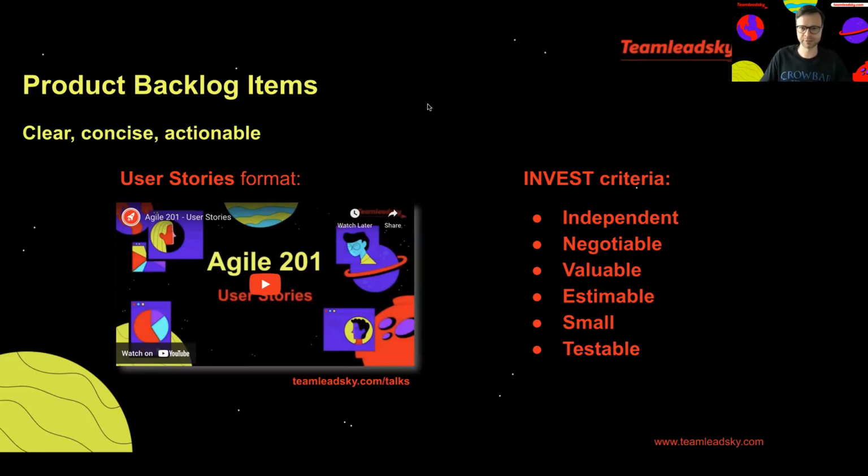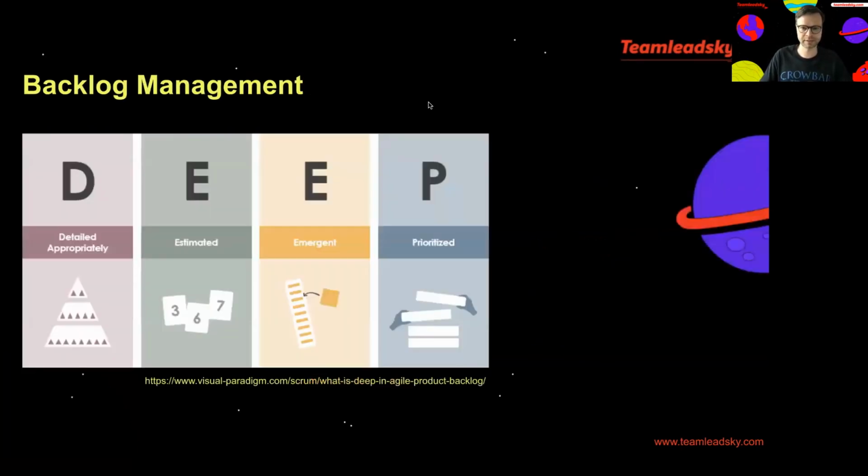So let's move on. Talking about backlog management, about the backlog itself, there are of course the so-called DEEP characteristics of the product backlog, which also provide a very good guideline. The backlog items should be detailed appropriately, which is common sense. They have to be estimated so that you can prioritize.